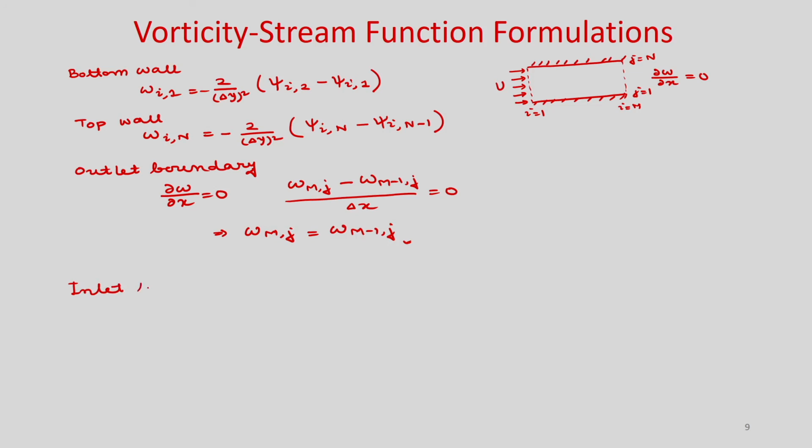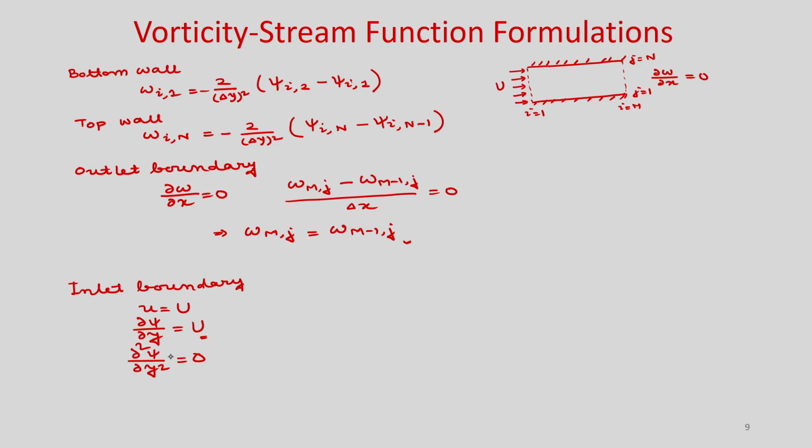Inlet boundary. So, similarly for inlet boundary, your u is capital U, normal velocity. So, you can write del psi by del y is equal to u. Now, you can take the derivative. So, u is equal to constant, right. So, you can write del 2 psi by del y square will be 0.